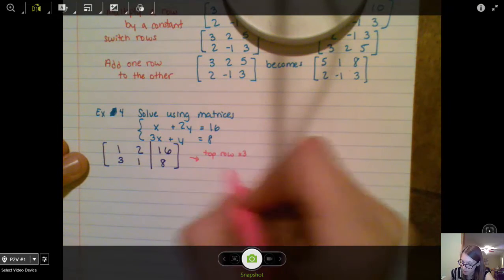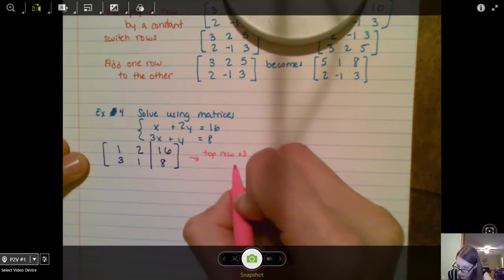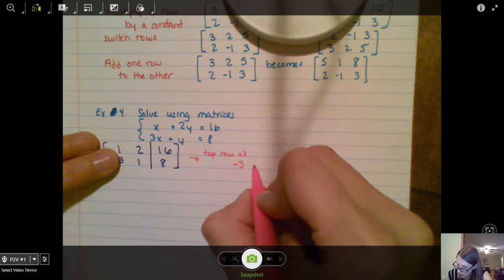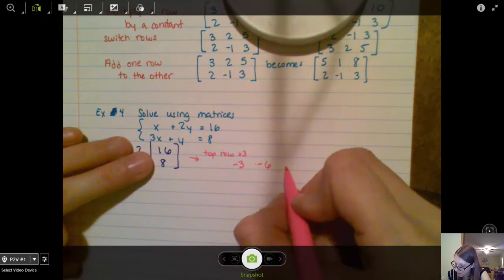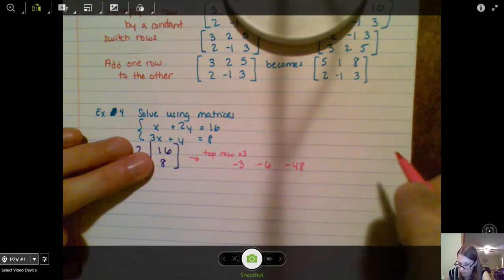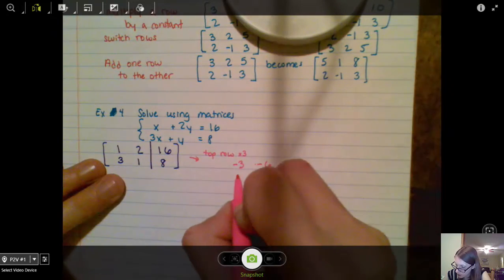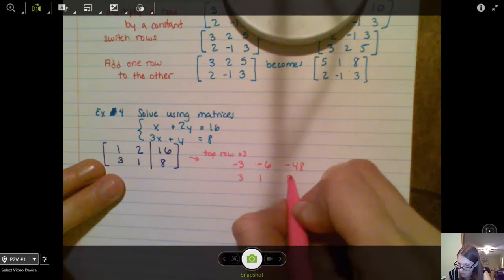Right. So if I multiply my top row by -3, that gives me a -3, -6, -48, and then my bottom row hasn't changed, 3, 1, 8.